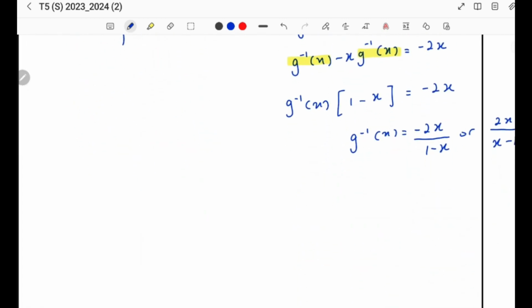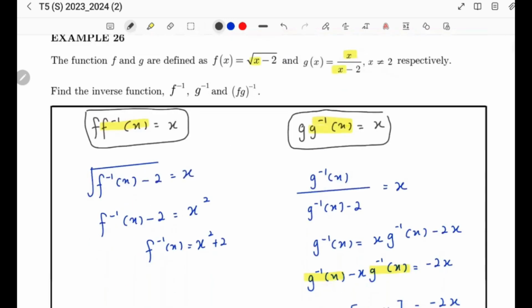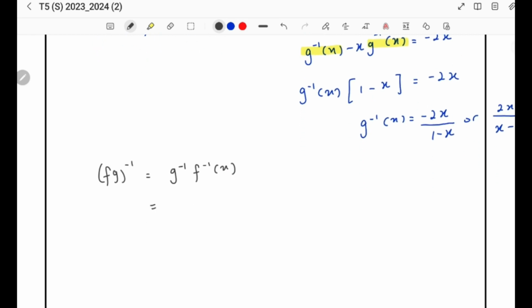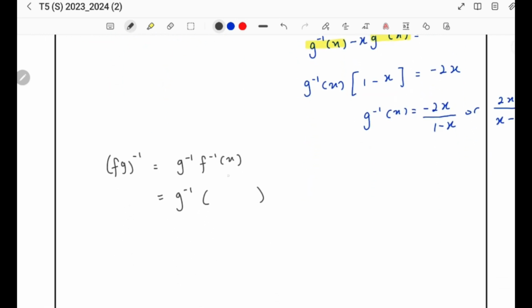Next, we are going to find (fg) inverse. I'm going to use the properties up here. (fg) inverse equals g inverse f inverse. So I just need to substitute f inverse into g inverse. f inverse is x squared plus 2.